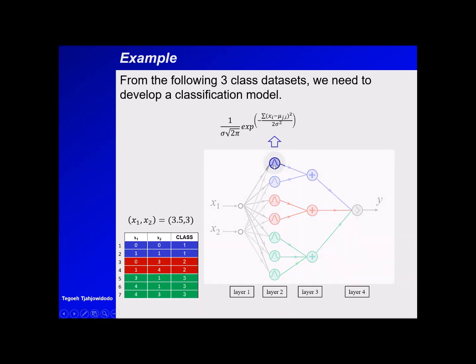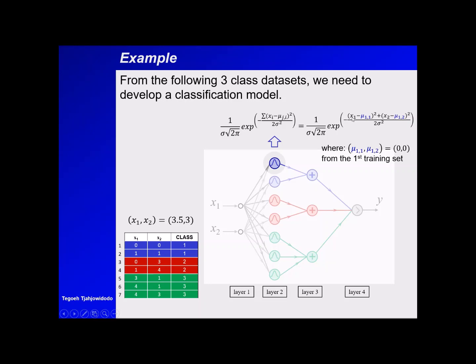Let's say we want to calculate for the first neuron here. Then you will have to calculate it as follows. You have x1, which is 3.5, and you have mu1,1, the mean from the first training set for the first variable, so mu1,1 here will be 0. x2 is 3, and mu1,2 is the mean for the second input x2 for the first data set, which is also 0 here, right?